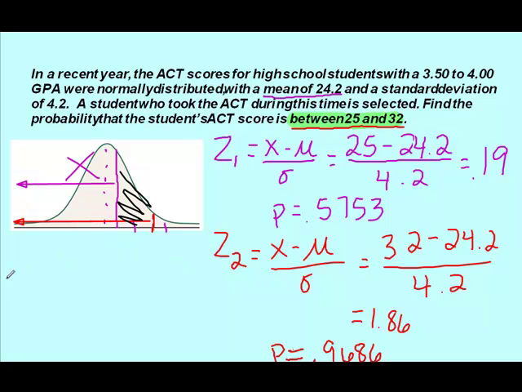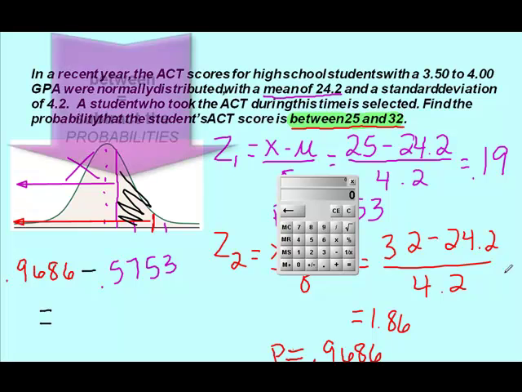So I'm looking for red minus the purple to give me what I want, which is shaded in between in black.